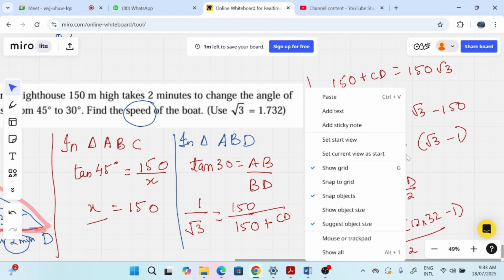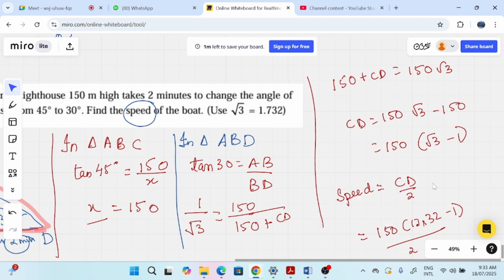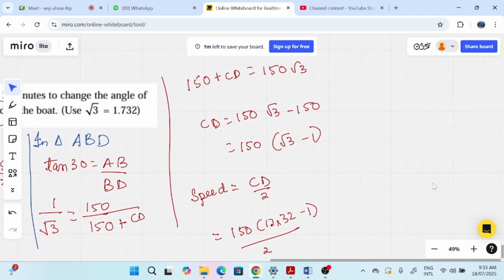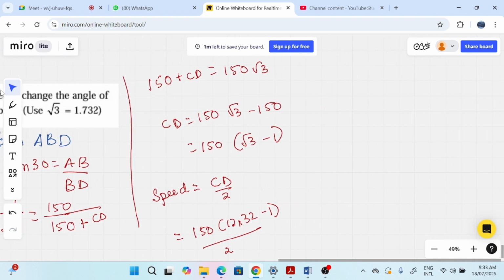Ma'am, I got 109.8 by 120 because I took the minutes as seconds. But your distance is in meters, right? Yes, I took it as meters per second. So how much are you getting? 0.915 meters per second.